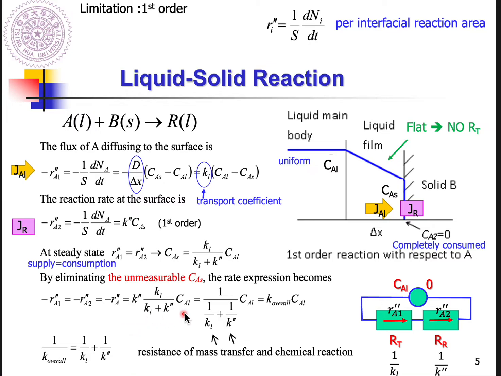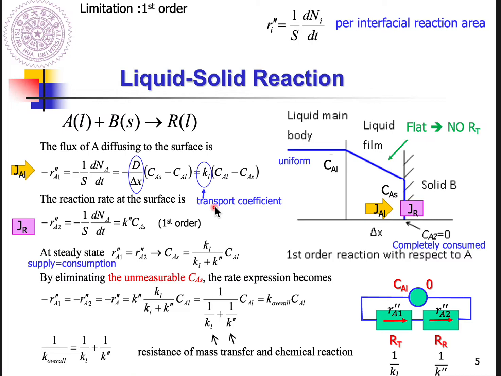So you divide by k double prime and kL together, and you get this result. The consumption rate of reactant A can be expressed like this. And CAL is the concentration of reactant A in the liquid main body, right? In the bottom part, we have the reciprocal of kL, the reciprocal of the transport coefficient, and the reciprocal of the rate coefficient.